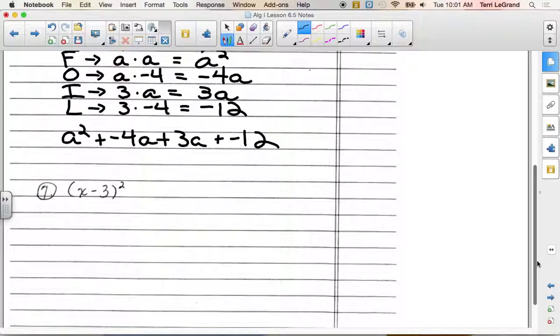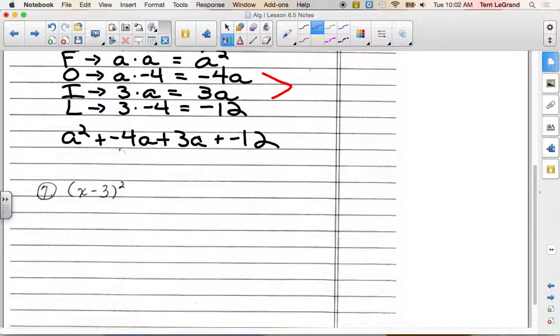So we have A squared plus -4A plus 3A plus -12. Typically, when there's one variable only involved, and that variable is to the same power in both of them, what should happen is these two terms, the O and the I step, should be like terms.